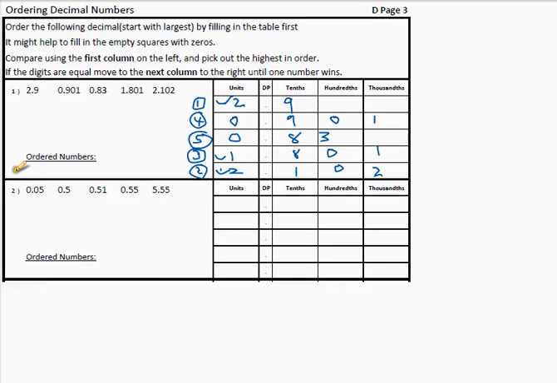So now in an exam or a test you will have to write it in order, which will be 2.9, 2.102, 1.801, 0.901, and then 0.83.